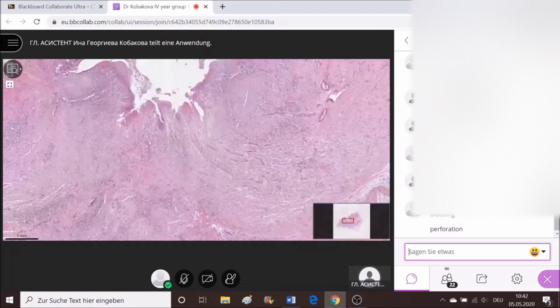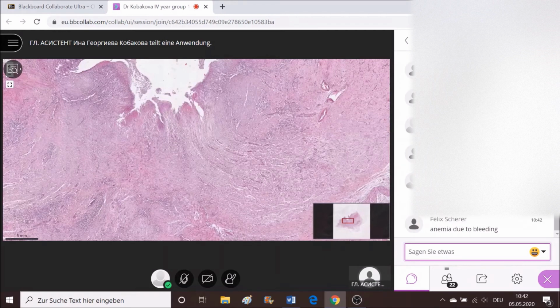Bleeding, great. Another. Perforation, great. Another. Yeah, anemia, that is due to bleeding. What is this word? Penetration. Yeah, thank you, Ashmi. What does that mean? Into another organ. Which organ might that be?